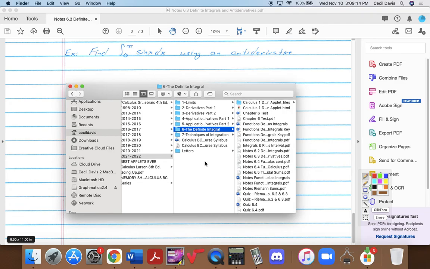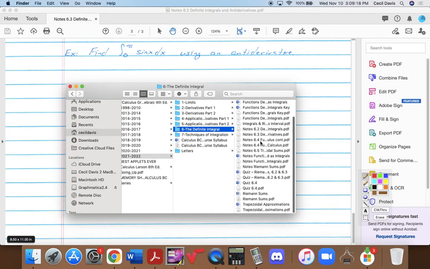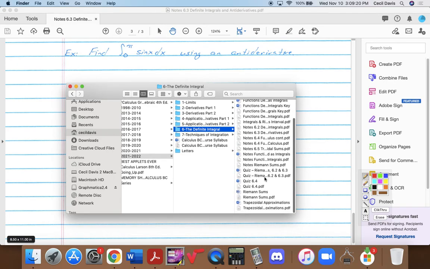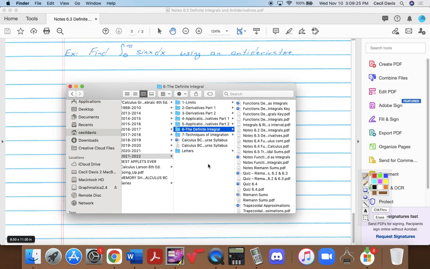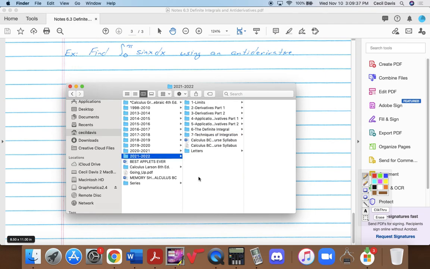Must be in here someplace. Notes, notes, notes, quiz, Riemann sums, trapezoidal approximations. Weird. Okay.